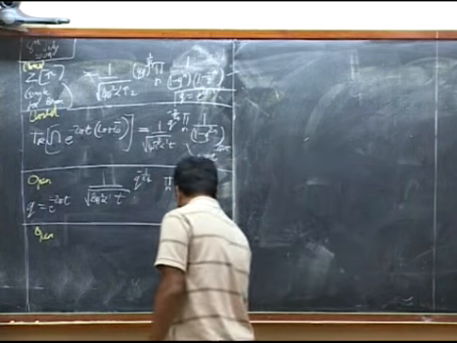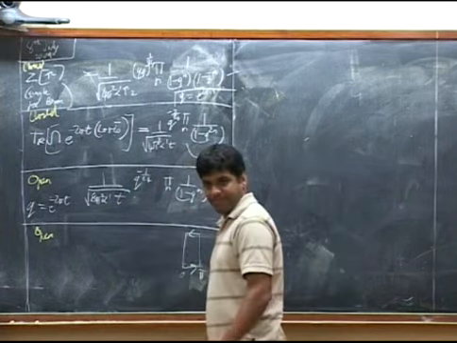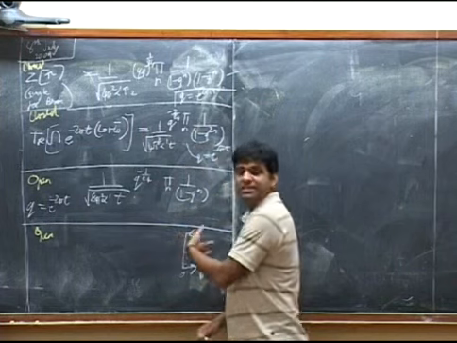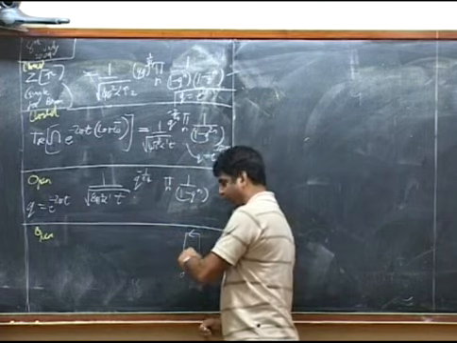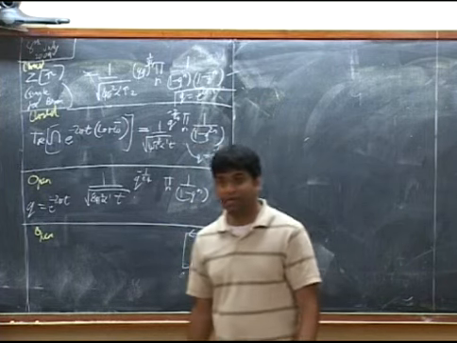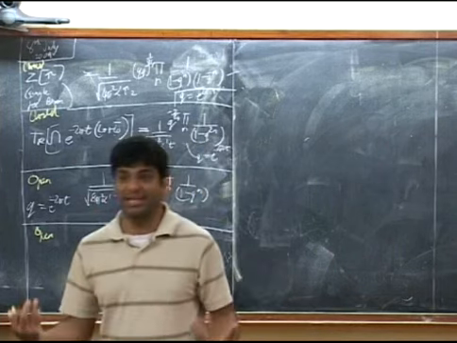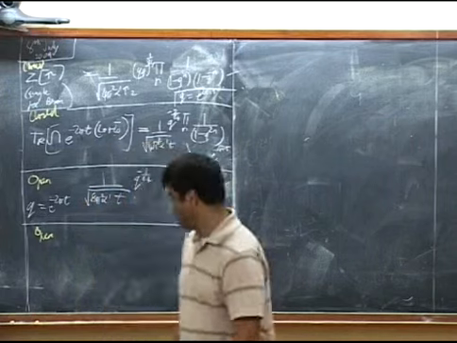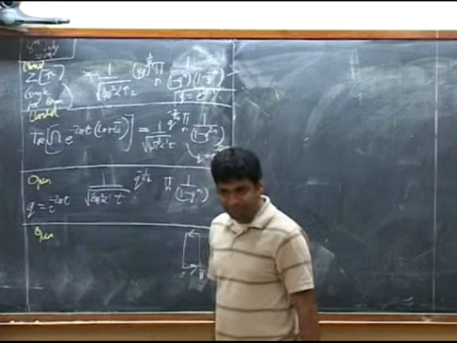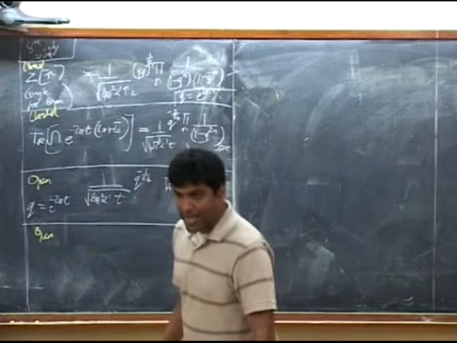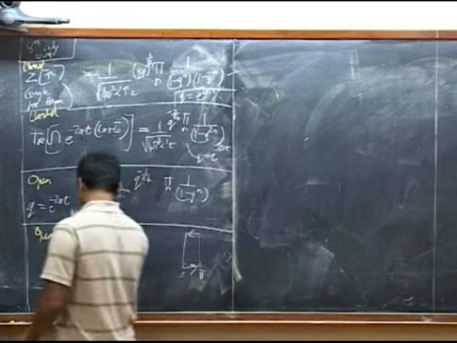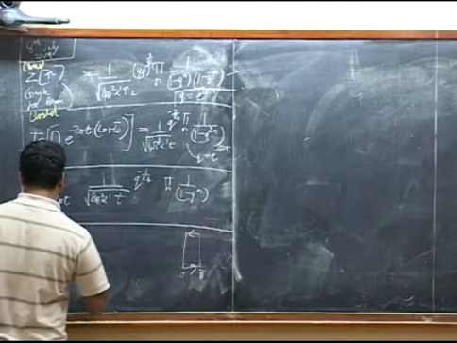Over open strings, sigma goes from 0 to pi, but there's an orientation reversal operator. This orientation reversal operator takes X of sigma to X of pi minus sigma in this case, because the open string goes from 0 to pi. Let's try to now compute that partition function.